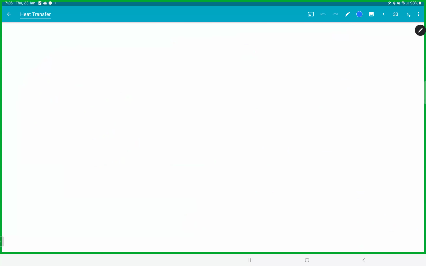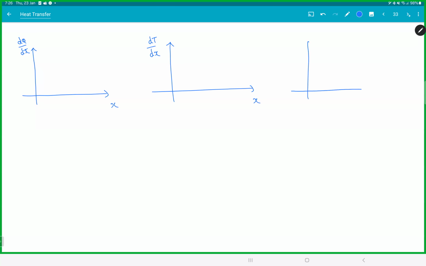Clear? Now, another way of asking. Suppose in this only, they ask you to draw the graphs: dQ by dt versus x graph, dT by dx versus x graph, temperature versus x graph.